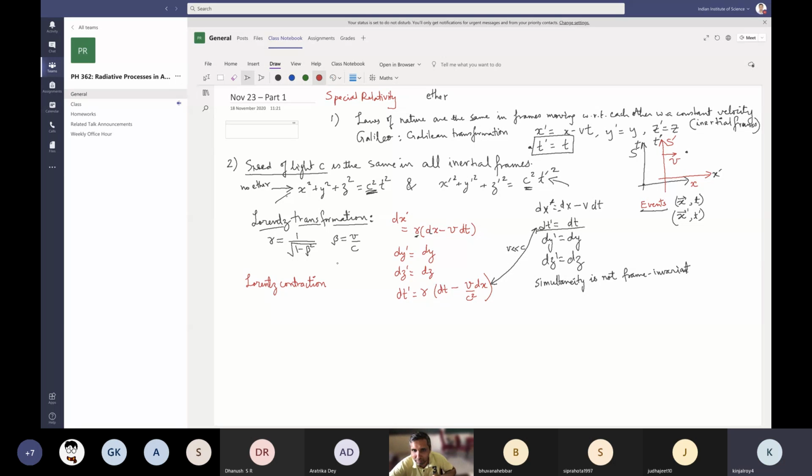Anyone? First, tell your name. Yeah, sir, I'm Kinjal Roy. Okay. So say I am in a frame, and I see a scale of unit length, 1 foot, and it is moving with a velocity v.